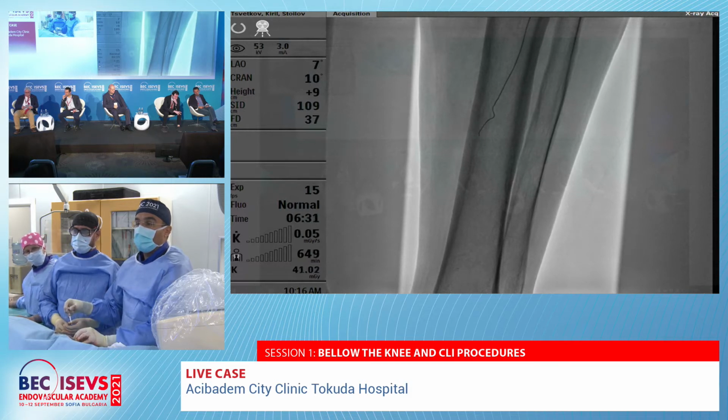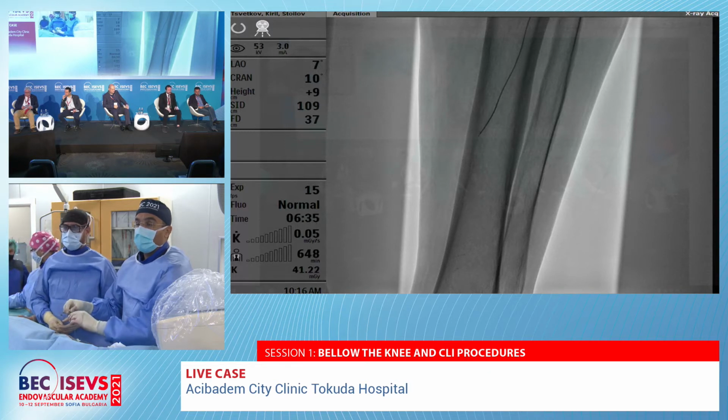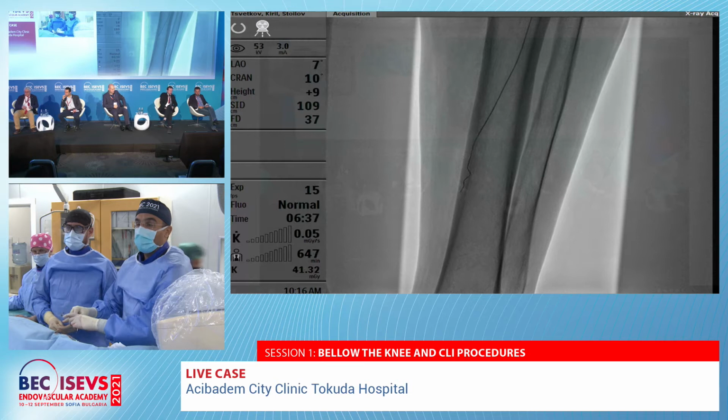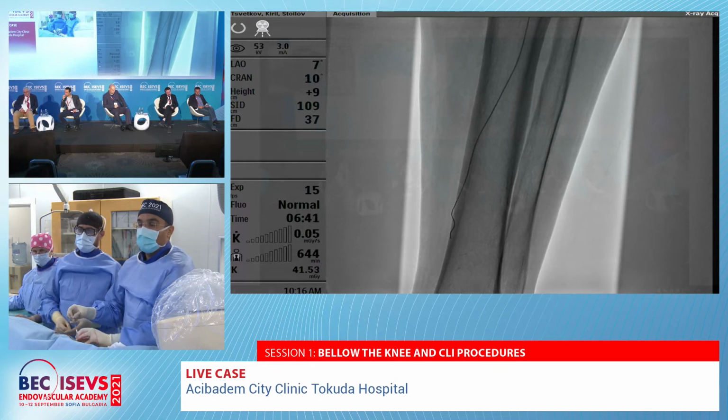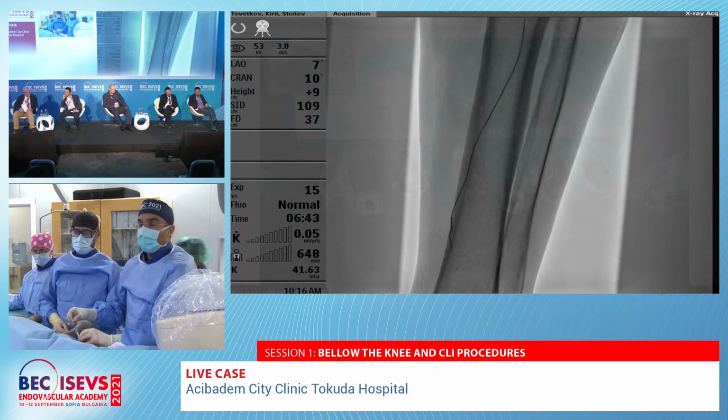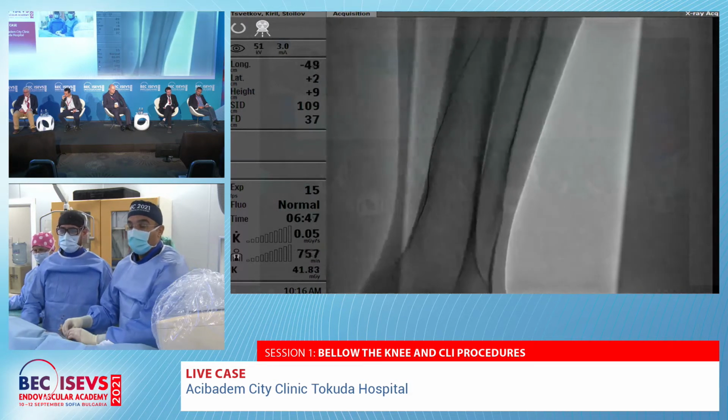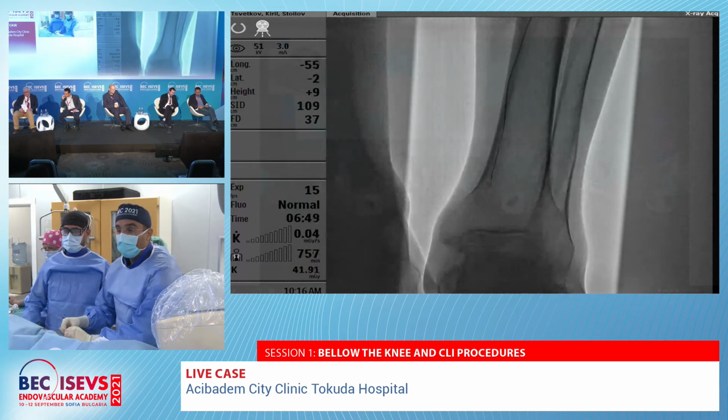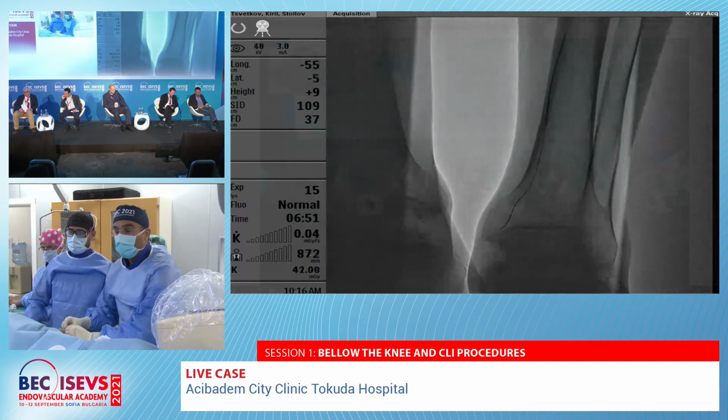I'm trying to go very controlled. Probably we will see where we are. It looks promising. I'll go further down. Okay, that's the posterior.